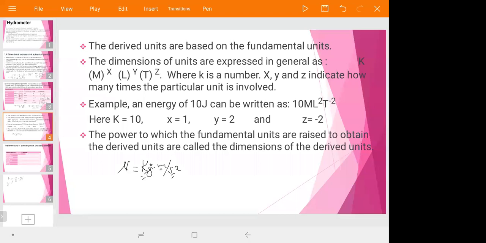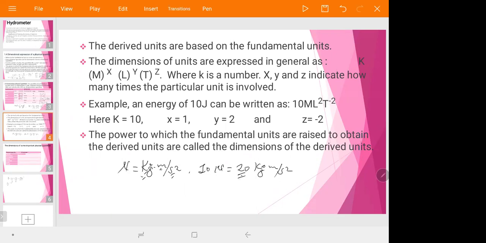Have you seen? For example, 10 Newton is equal to 10 kilogram meter per second square. Have you seen? 10 is, instead of k, a number. 10 is a constant number, where k is a number.